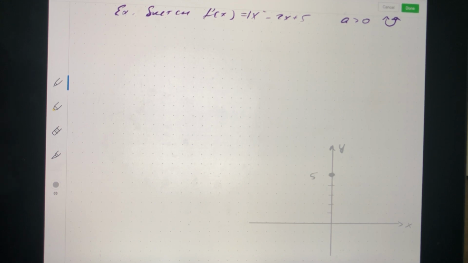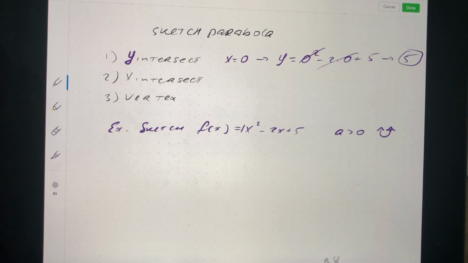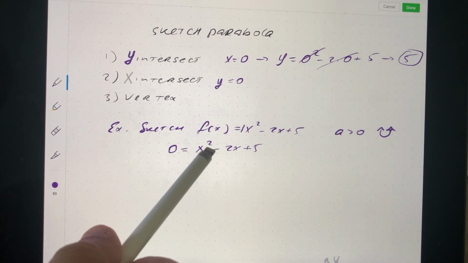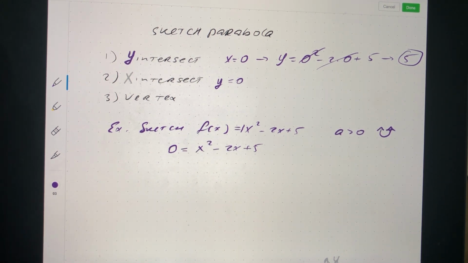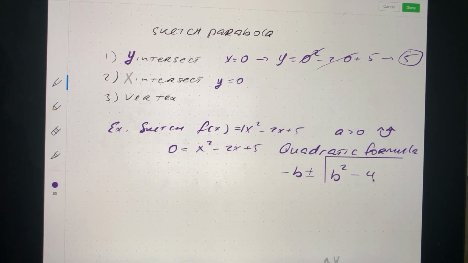Okay, now the next step in our process is to find the x-intercept. For the x-intercept, we make the y equal to 0. If we do that, we are solving 0 equals x squared minus 2x plus 5. This is a quadratic equation. The highest power is 2. And to solve a quadratic equation, we use the quadratic formula. The quadratic formula is negative b plus or minus the square root of b squared minus 4ac, all divided by 2a.